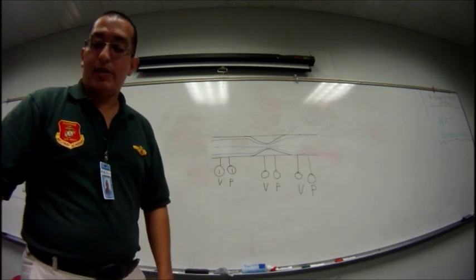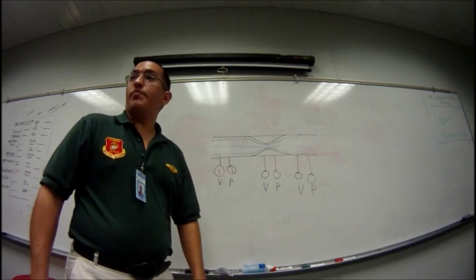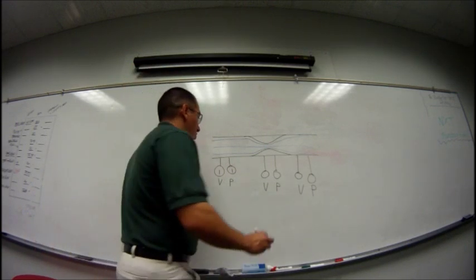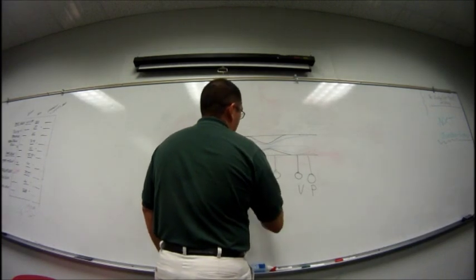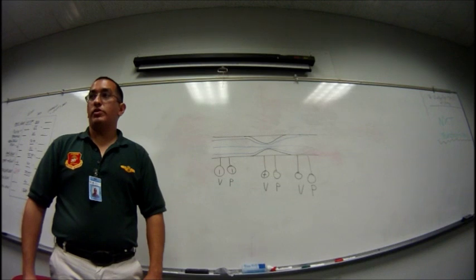Now what's going to happen when you get to the constriction, what's going to happen to your velocity? It's going to increase. So velocity increases, and then what's going to happen to your pressure? Is it going to increase? Yes. Your pressure decreases.